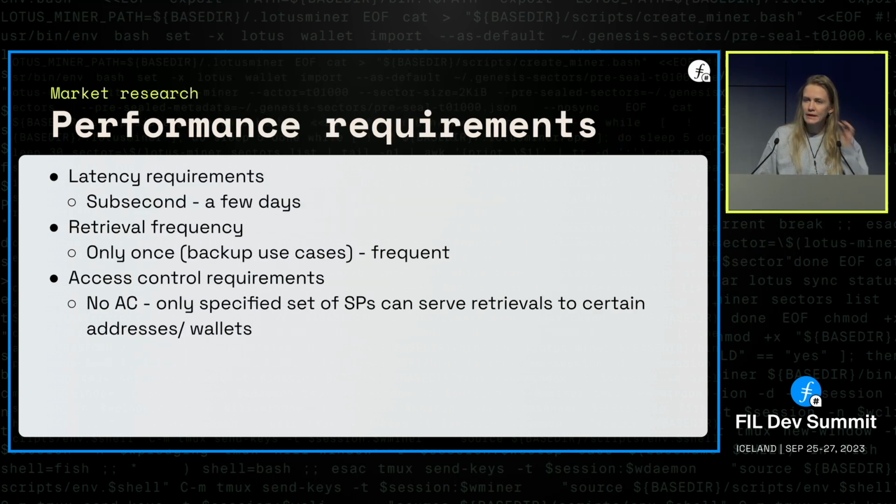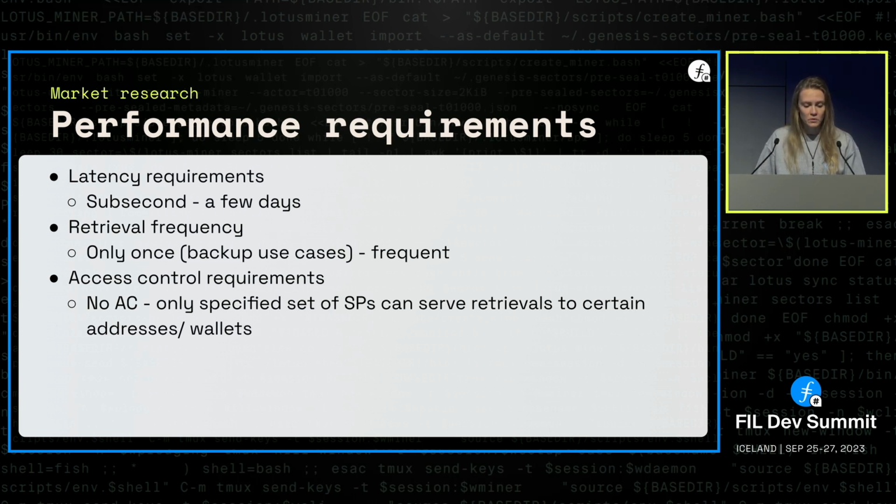I've been getting questions about performance requirements, so what performance the storage providers need to support in order to take deals from Motion. That really depends on the end user, on the specific ISV. Among the ecosystem players we've spoken to, requirements range from sub-second latency to a few days being okay. Of course, that depends on the use case for the data.